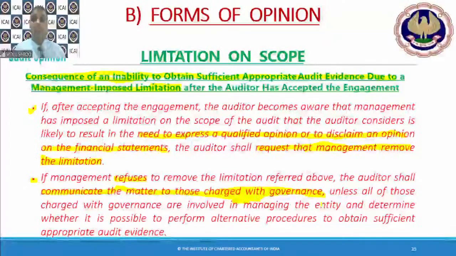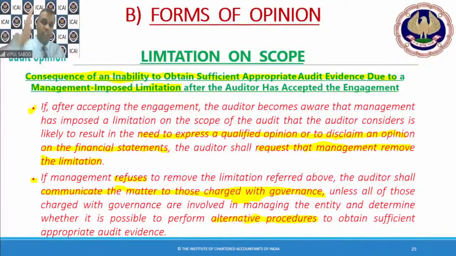But if they are the same or more or less the same people, the auditor will think of performing alternative procedures to obtain sufficient appropriate audit evidence. इधर से रास्ता बंद कर दिया, मैं दूसरे रास्ते से जाके देखता हूं. Right? One door is closed, the auditor will find another door. Alternative procedures.